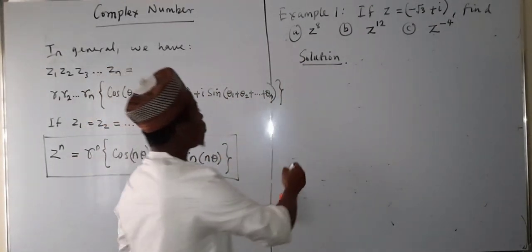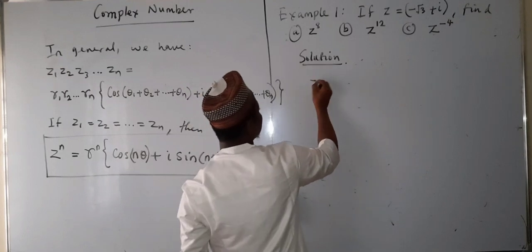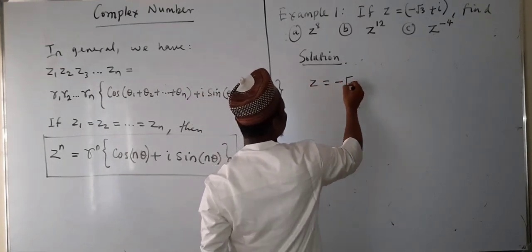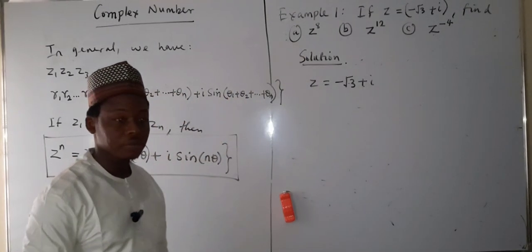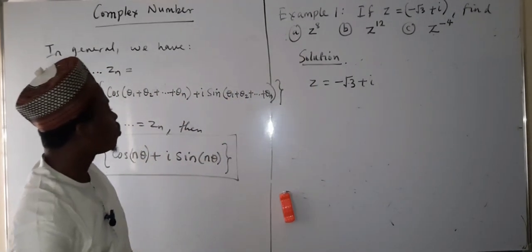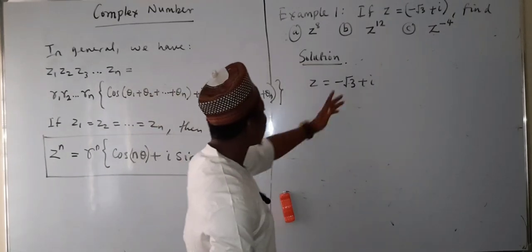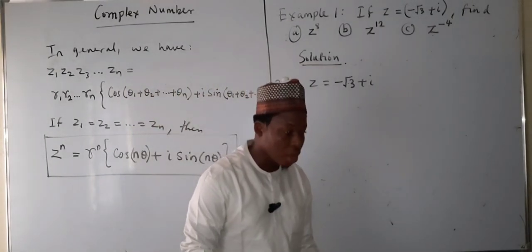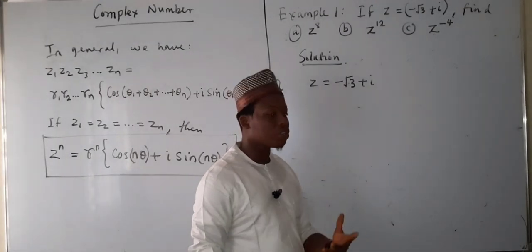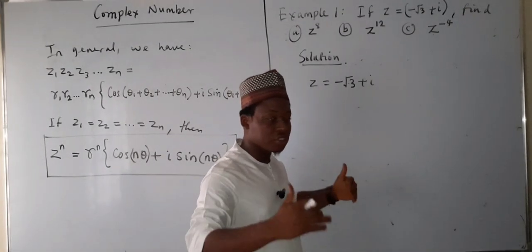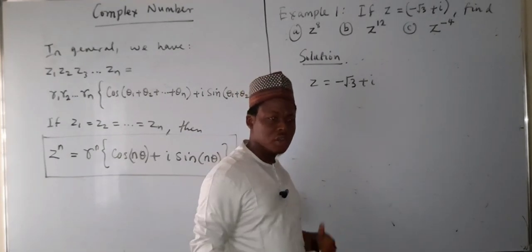Solution. So we have our z equals minus the square root of 3 plus i. Now, ordinarily, this is our z. If it is z raised to the power of 2, what we simply do is multiply this by itself. Z raised to the power of 3, you simply multiply it 3 times, and so on and so forth.